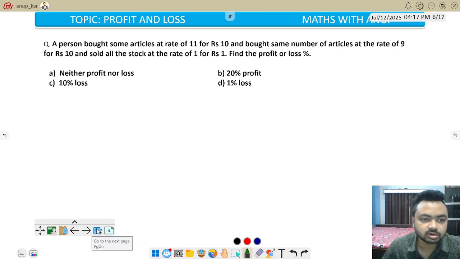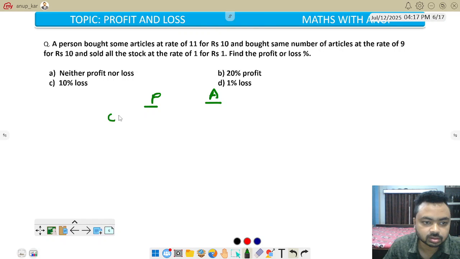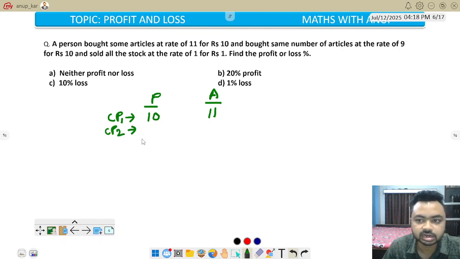A person bought some articles at the rate of 11 for rupees 10. The same type of question. So cost price is 10 rupees for 11 articles, and he bought the same number of articles. This is CP1, this is CP2, same number of articles at the rate of 9 for rupees 10.